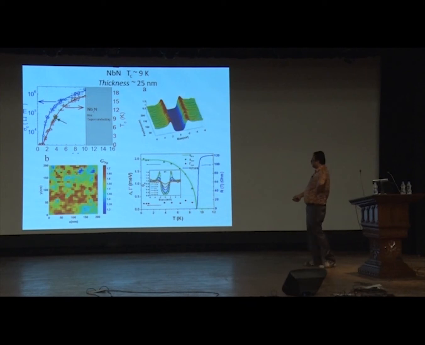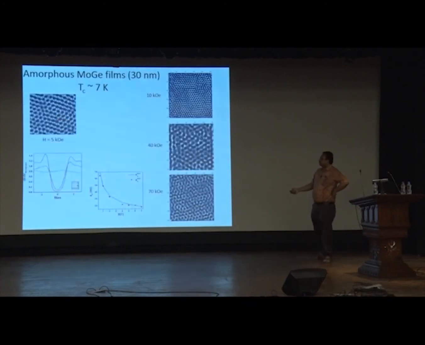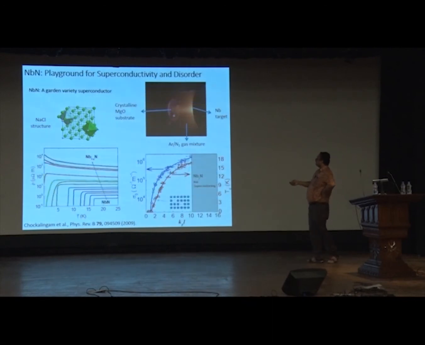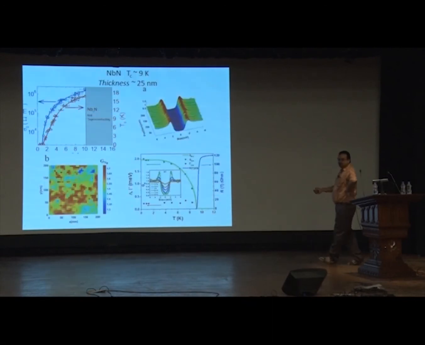So if I plot the height of the coherence peak, I get this patchy kind of structure. And what I will be assuming is that this height of the coherence peak is proportional to my superconducting order parameter. So, the height of the coherence peak above the normal state background, so above 1.